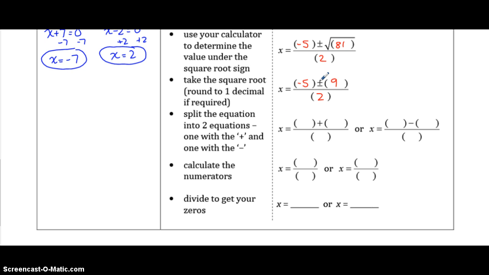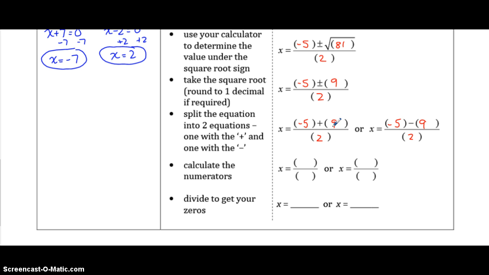So, one of the zeros is found using the plus, one of the zeros is found using the minus. So, one zero is at negative 5 plus 9 over 2, and the other one is found at negative 5 minus 9 over 2.